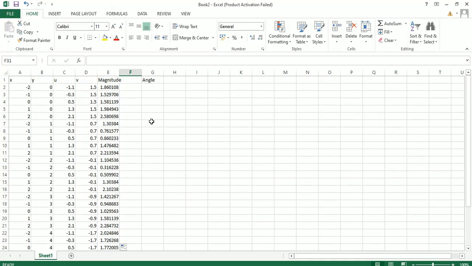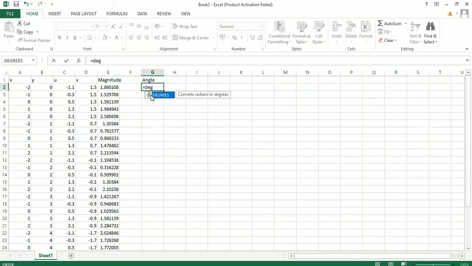So now let's look at how you're going to calculate the angle. To calculate for the angle, if you do a tan inverse of the v value over the u value straightforward, you're just going to get your answer in radians. But you want our answer in what? Degrees. So let's look at how you're going to write the formula. You're going to write equal to, then you write degrees, then you bring bracket. Then we write the tan inverse.